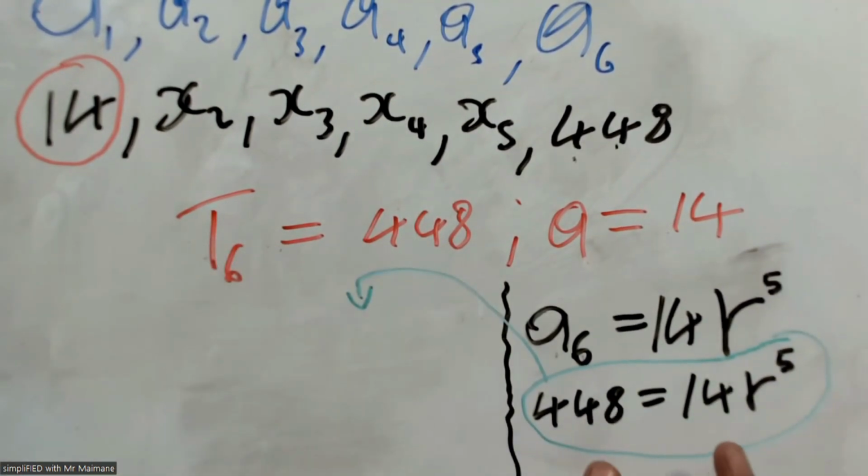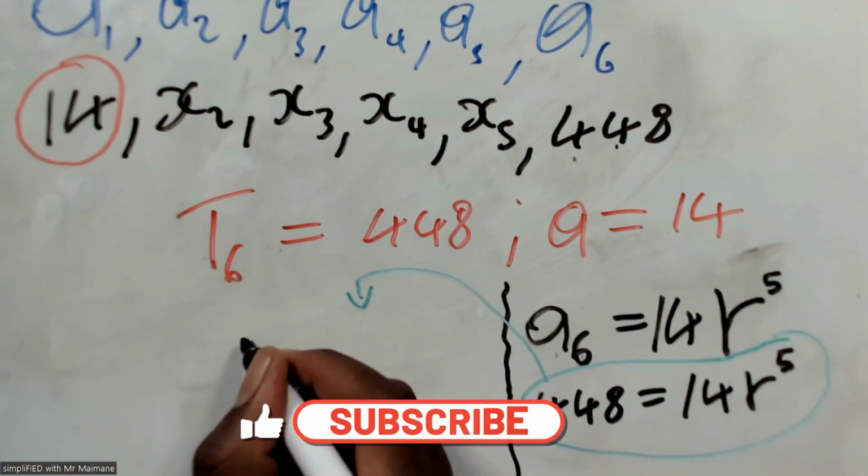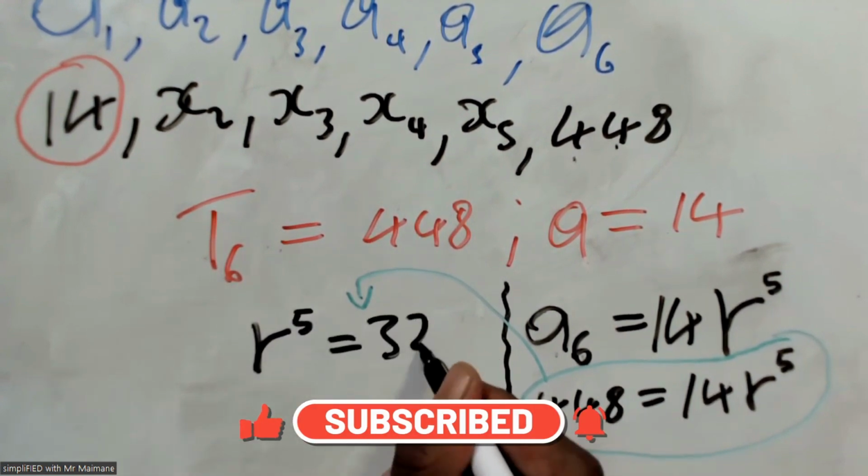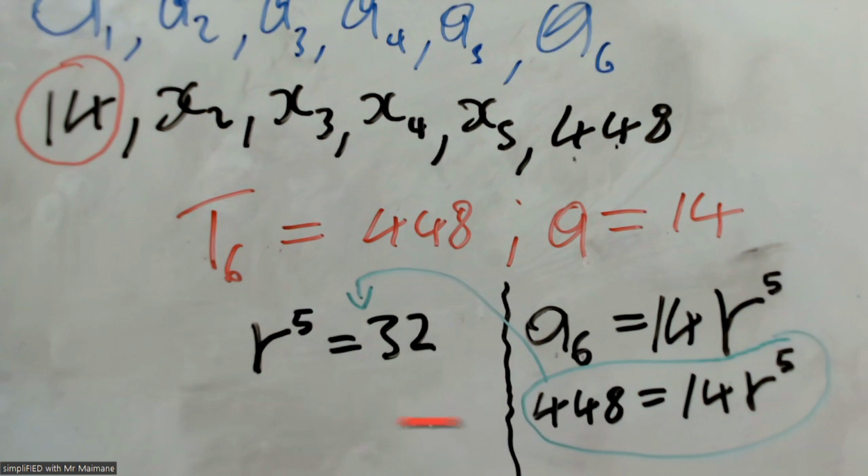So from here, moving forward, I'm just going to divide by 14 on both sides. So I will have r to the exponent 5 being equal to 32. This is when I've divided by 14 on both sides. So this will cancel that, and 448 divided by 14 is 32.